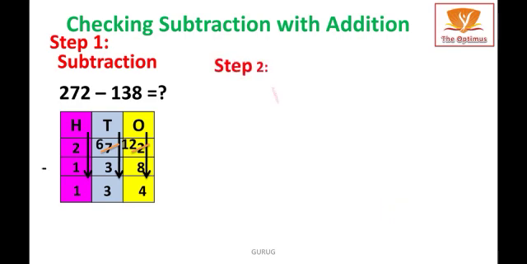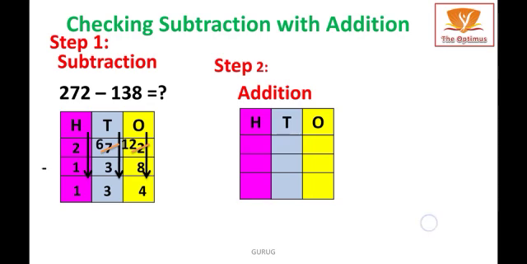Step 2, I am going to check addition method. This difference 134 I am going to consider as a first addend plus 138 is the second addend. First I am going to add ones place. 4 plus 8 equal to 12.